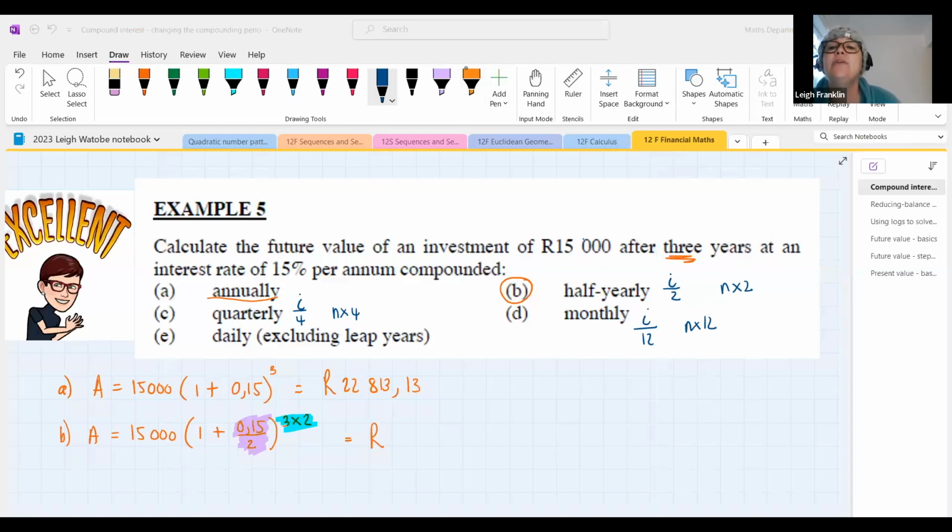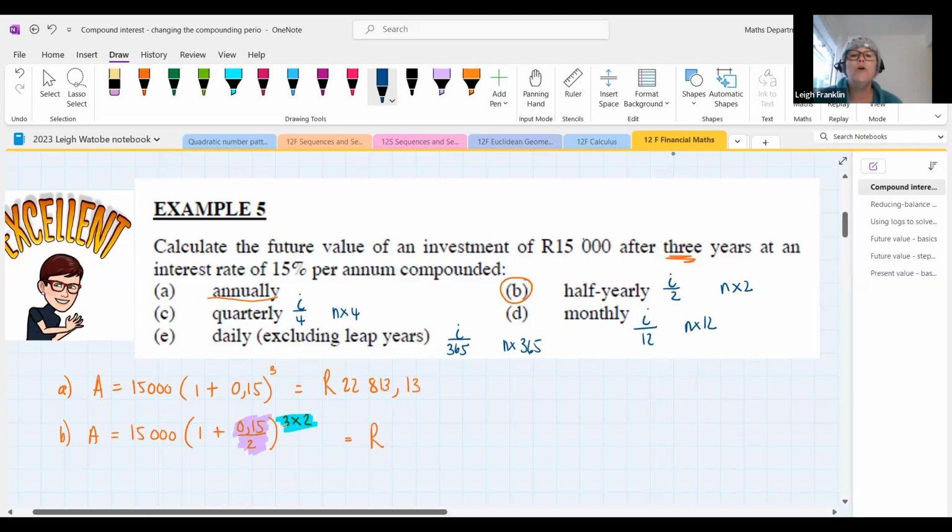And crazy as this seems, if we're talking about daily, we would have to divide I by 365, which means we would have to multiply N by 365. So that's the important thing when it comes to changing the compounding interest rate that I wanted to convey to you. What you divide I by, you've got to multiply N by.